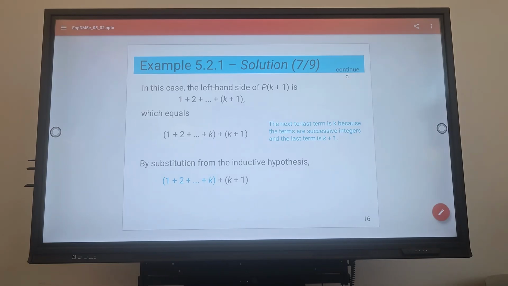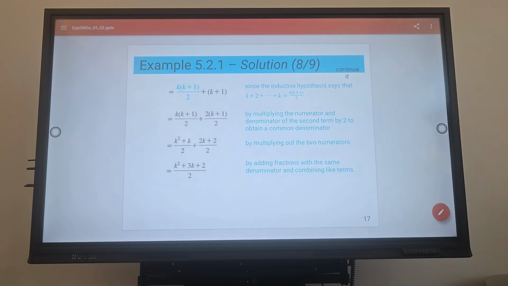In this case, the left-hand side of P(k+1) is 1 plus 2 plus 3, etc., plus k plus (k+1), which equals 1 plus 2 plus 3, etc., plus k, plus (k+1). By substitution from the inductive hypothesis, you can say that 1 plus 2 plus 3, etc., plus k can be substituted with k times (k+1) over 2, and then add that to k+1.